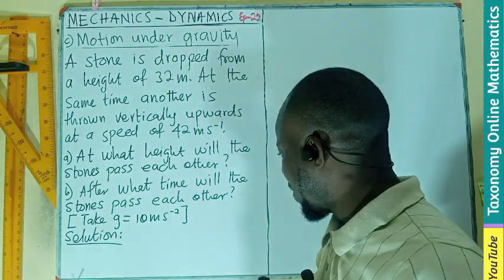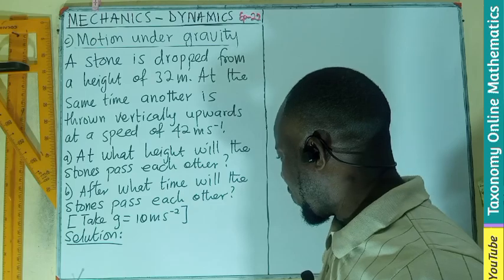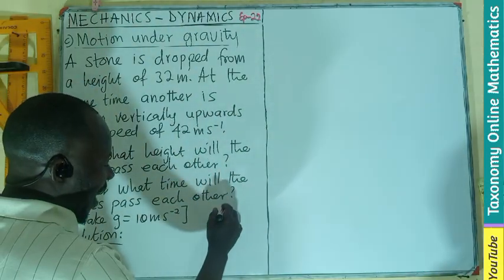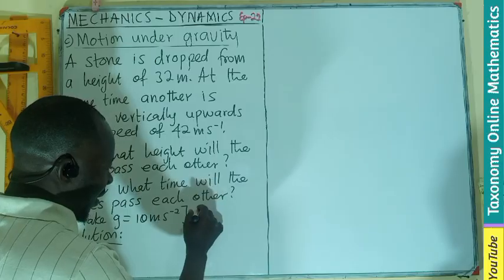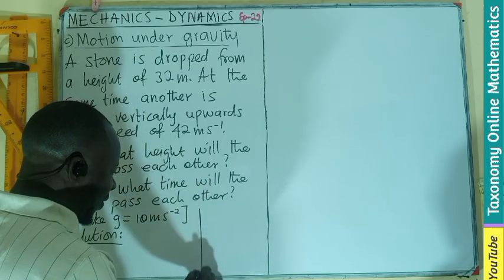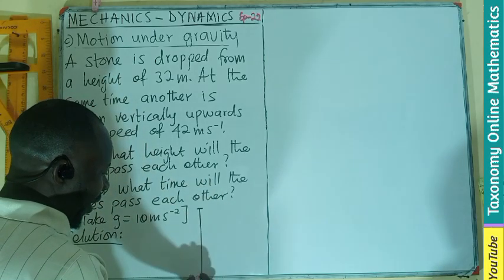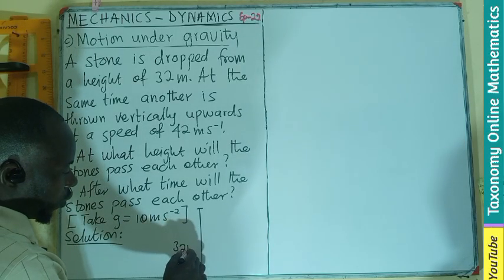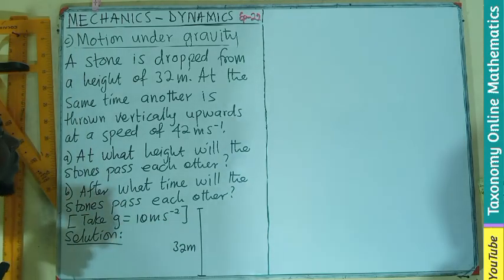So let's see if we can make a sketch of that. Let me see if I have the height being taken. The height is going to be 32 meters, right?